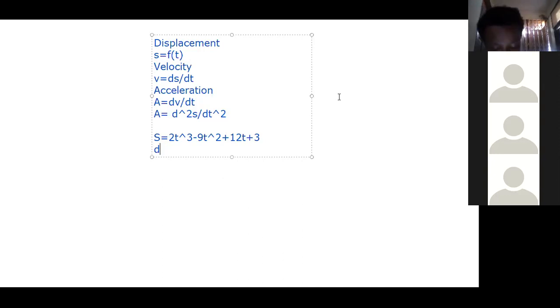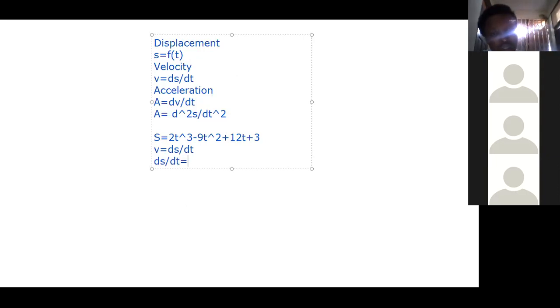So the first question is we should find its velocity after 3 seconds. So to find velocity when you are given distance, what are you going to do? V will be equal to ds/dt. So ds/dt is equal to, what are you getting, please?